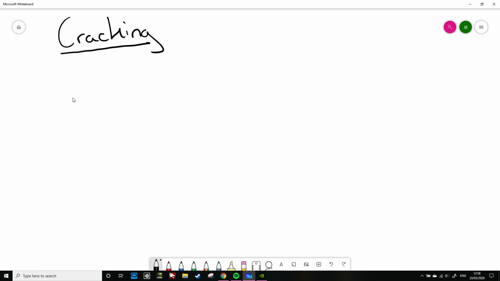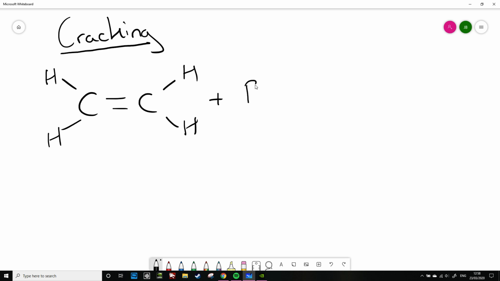So we add bromine, so let's show you this again. We're going to go C, double bond C, and we're going to add some bromine water. We'll just put this as Br2 because bromine water literally means bromine soaked into water, but the water doesn't play a part. And it goes to form the following.